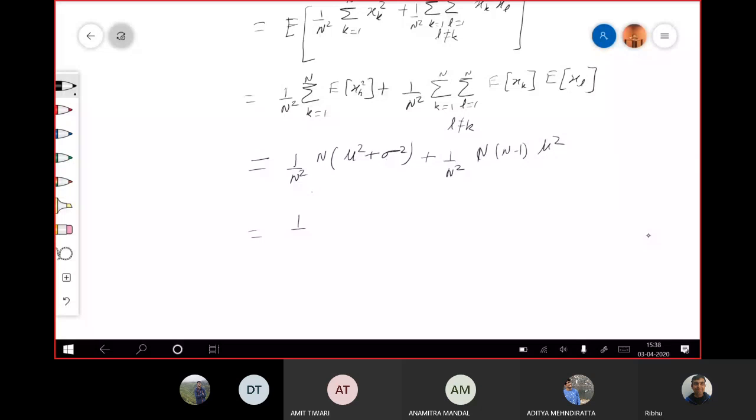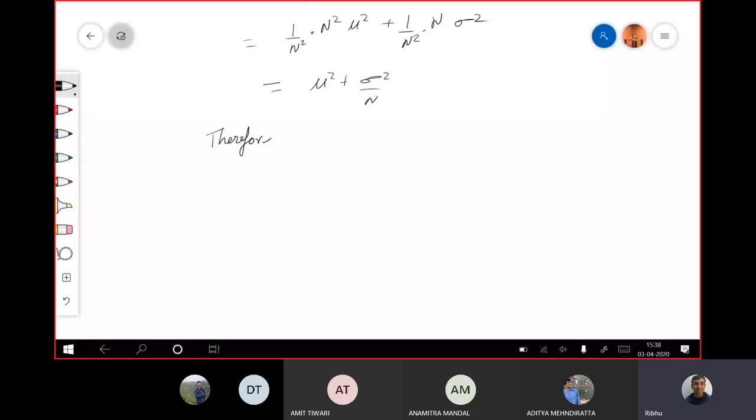Therefore, variance of mu hat equals mu square plus sigma square by n minus mu square, equals sigma square by n. So mu hat is a Gaussian random variable with mean mu and variance sigma square by n. Fine.